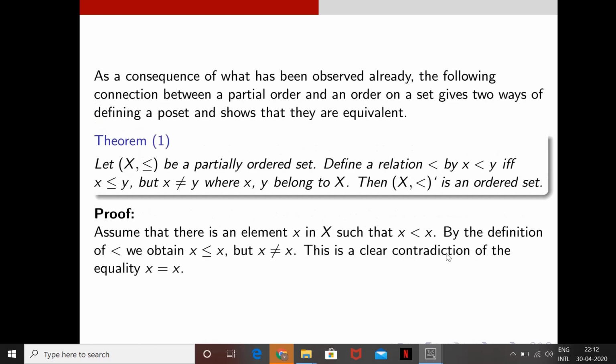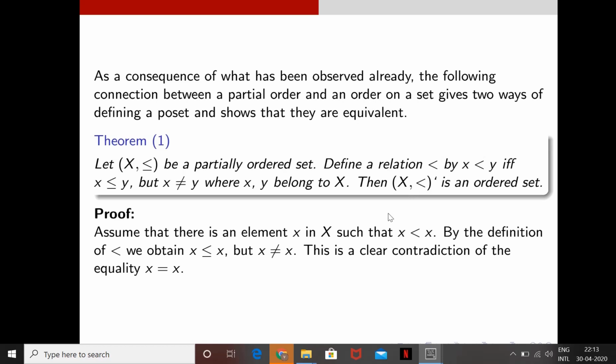Now let's move ahead, and as we have talked earlier that weak inclusion and strong inclusion are equivalent, now let's prove them. First theorem states that let (X, ≤) be a partial ordered set. Define a relation by x less than y if and only if x less than or equal to y but x not equal to y, where x, y belong to X. Then this will be an ordered set.